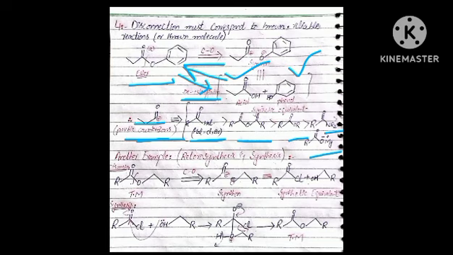Students, here is another example in which we will discuss the retrosynthesis and synthesis. Here is a target molecule. We see its disconnection. It's our target molecule, and by the first guideline, identify the functional group.